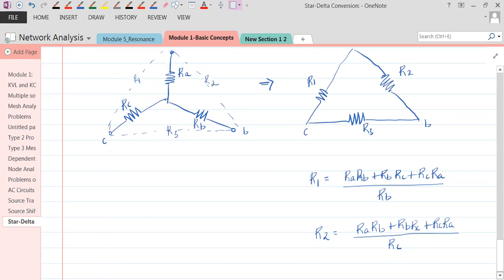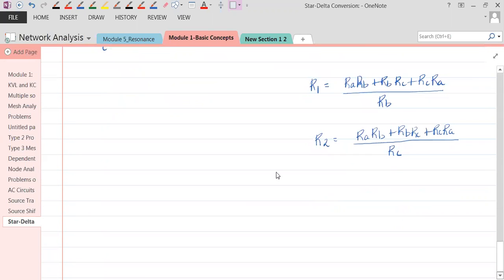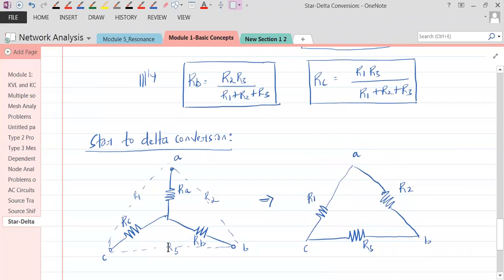On similar grounds, we can write our R3 equal to this divided by RA, because you are looking at R3, right? So RA stands perpendicular to that.